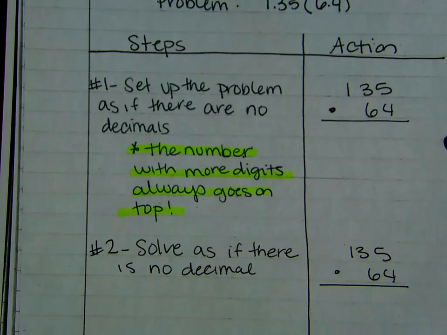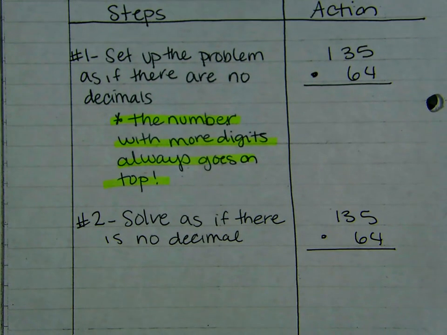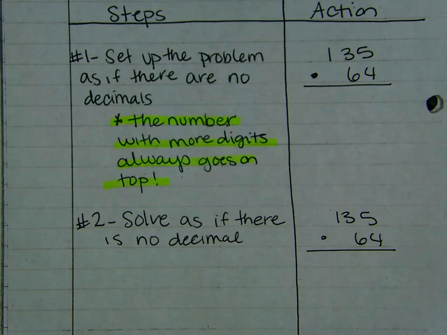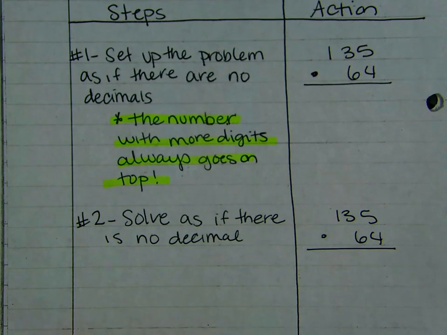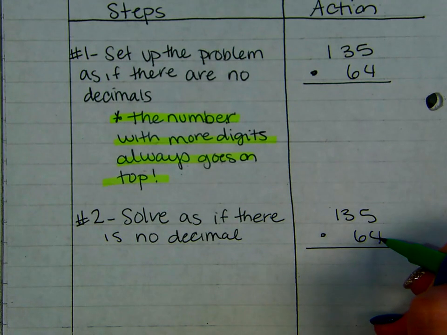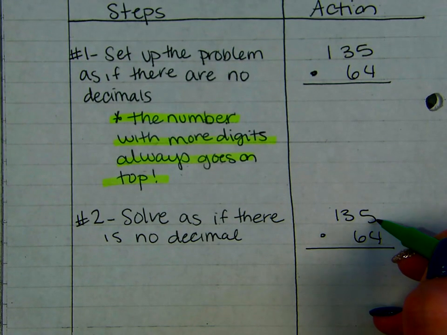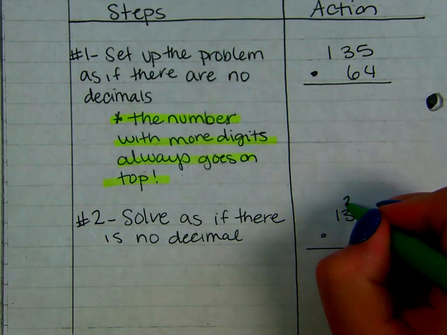Now, step 2 of this is that we are going to go ahead and solve as if there is no decimal. So I'm going to go ahead and solve for my 135 times my 64. Now I'm going to do that by beginning by going 4 times 5, which is 20. I'm going to bring down the 0 and I'm going to carry the 2.